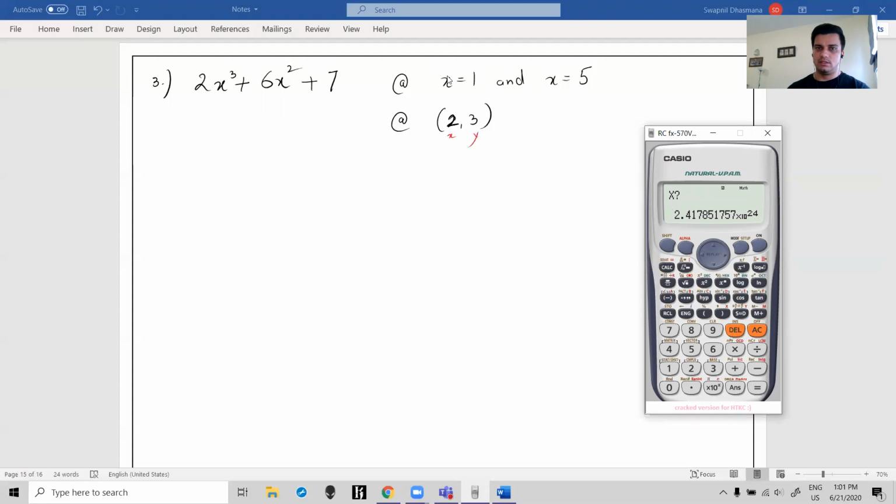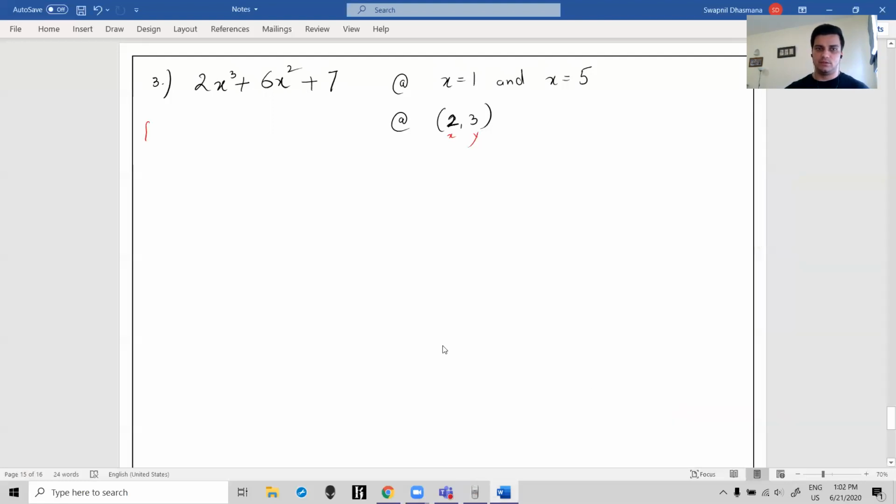Now you want the x value to be 1, so put 1. You get the answer 15. Same, calc, put x value 5. You get 407. So when x is 1, the answer is 15, and when x is 5, the answer is 407.